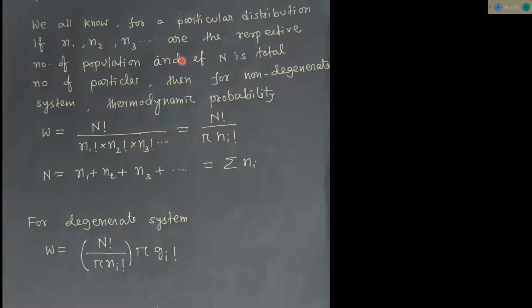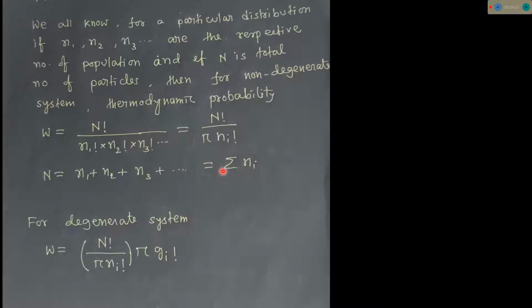In this case, N is equal to n1 plus n2 plus n3, equal to the summation of ni, where the ni are the different types of particles or populations present in the mixture. So the formula is N factorial divided by n1 factorial into n2 factorial into n3 factorial. This is for a non-degenerate system.